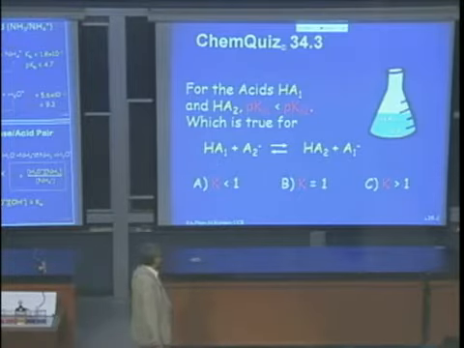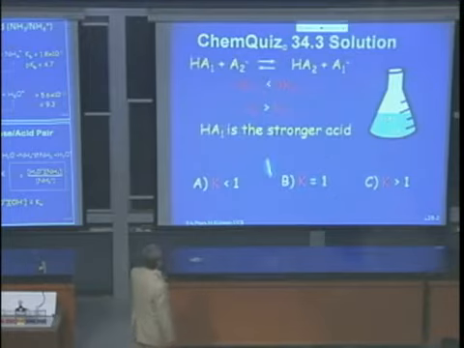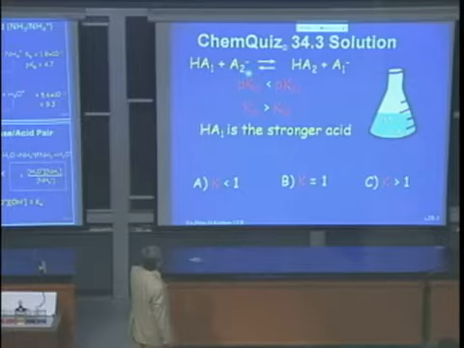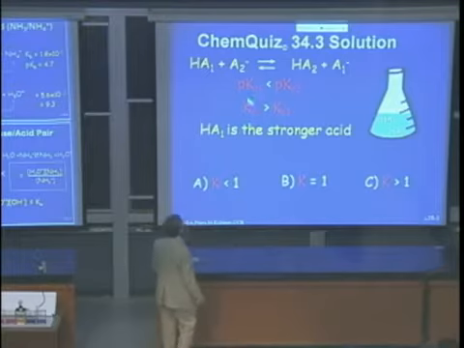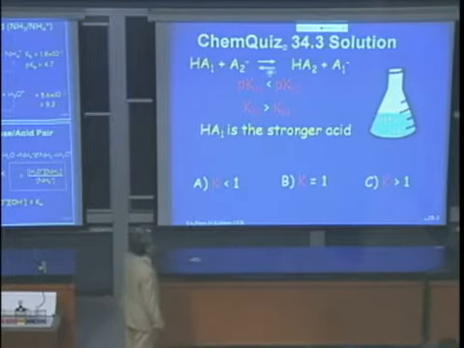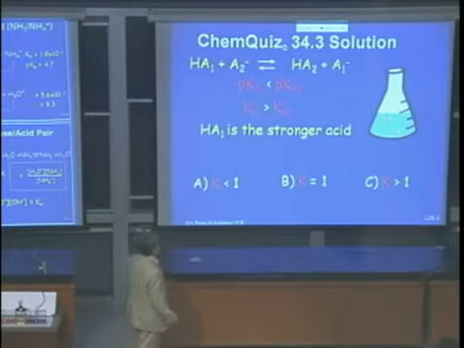Okay? And with this is the answer. pKa1 is smaller than pKa2, and you know how to deal with pKs and Ks. So Ka1 is the stronger acid, and with this it pushes it to the right. That means there's more of this here in concentration and less of this, so this is larger than 1.